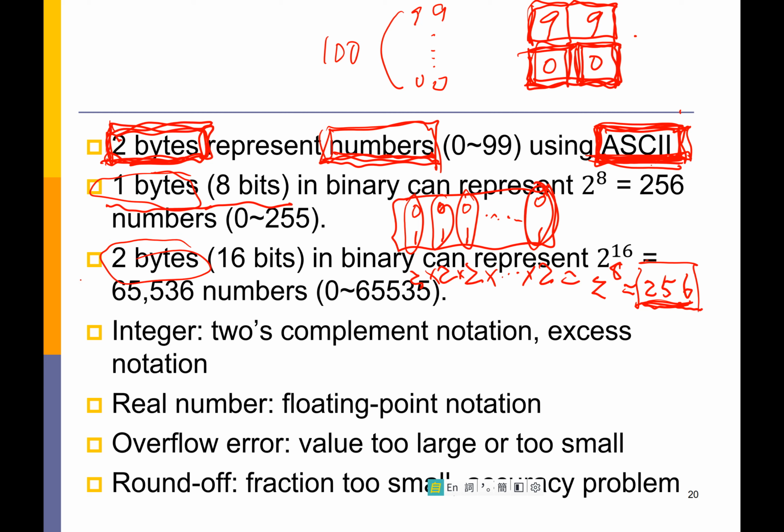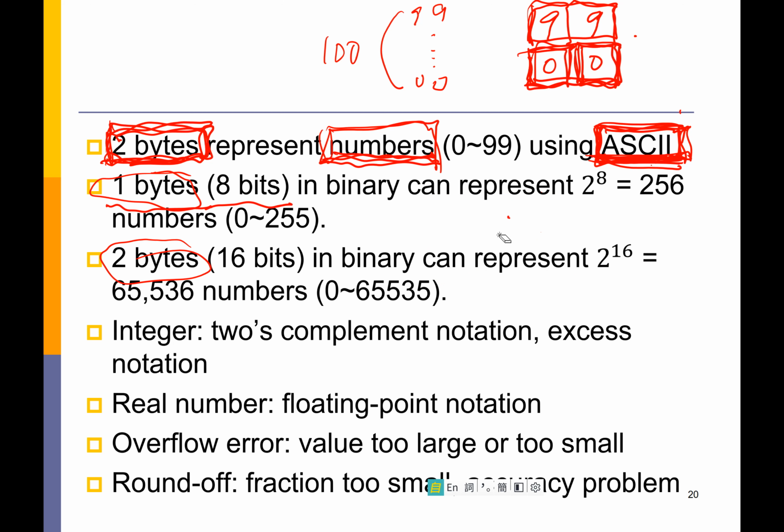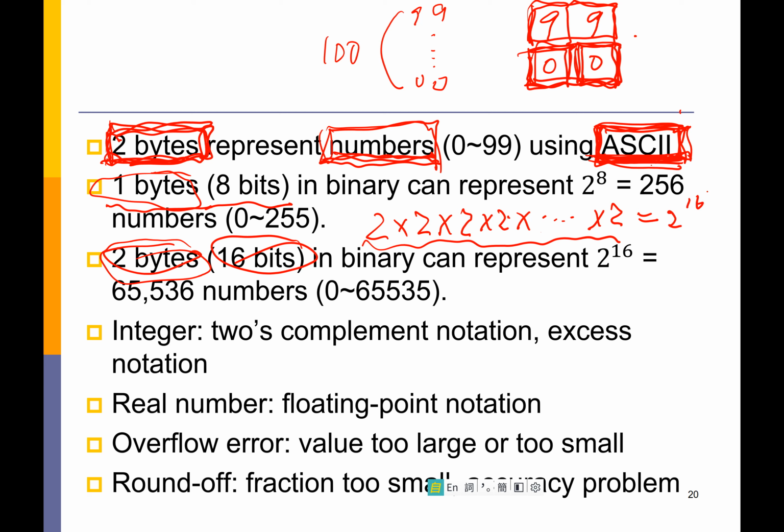In terms of 2 bytes, how many numbers can we represent? 2 bytes, we have 16 bits. We have 2 choices for the first bit, and 2 choices for the second bit, and 2 choices for the third bit, and 2 choices for the fourth bit, and so on, times 2 for the last bit, which is the 16th bit. So how big is this number? 2 to the power of 16.